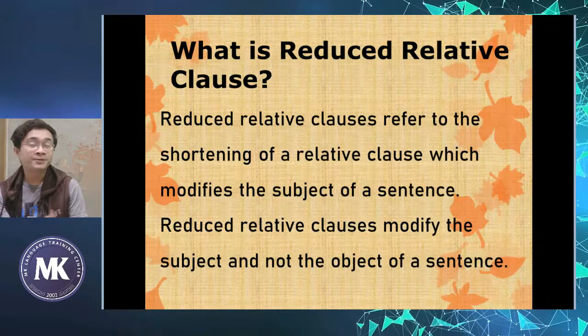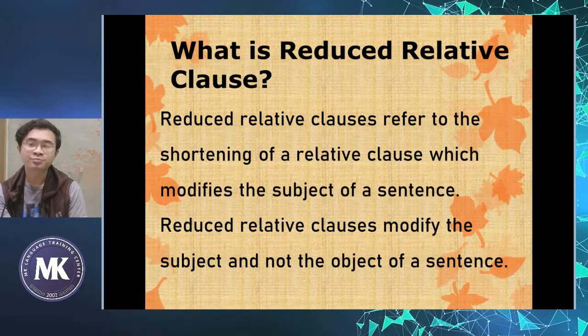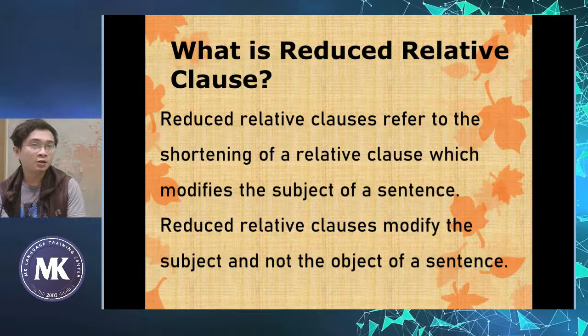Remember, this kind of reduction can only be used when the clause is referring to the subject of the sentence. If the clause is describing the subject, then it's possible that we can reduce this clause into a reduced form.